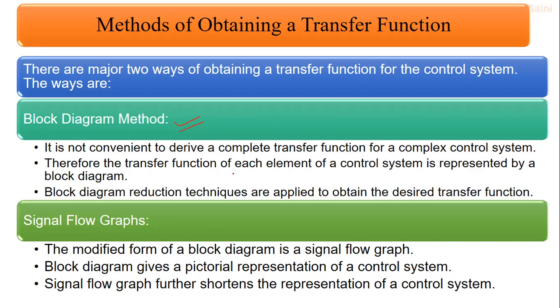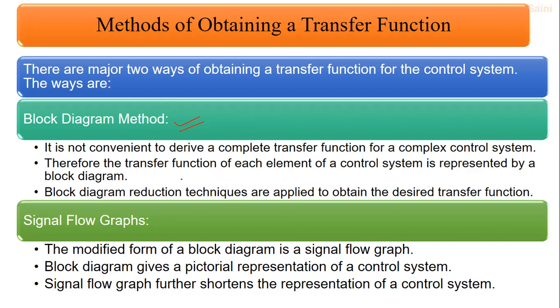So at times it becomes very inconvenient or difficult to derive the mathematical equation of a complex control system. If the control system has complex mathematical equations, it becomes very difficult to derive such equations and then take their Laplace.